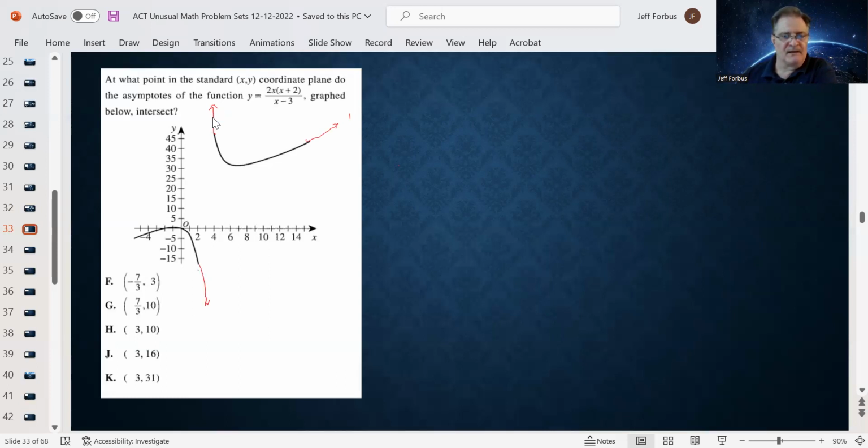Got it? Now, this line here continues, and this one continues to follow the same thing. Now, what we want to do, we're going to draw a line that these two graphs are approaching. I'm going to draw a dotted line going straight up the best that I can.